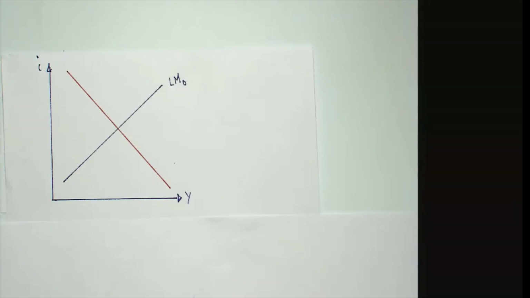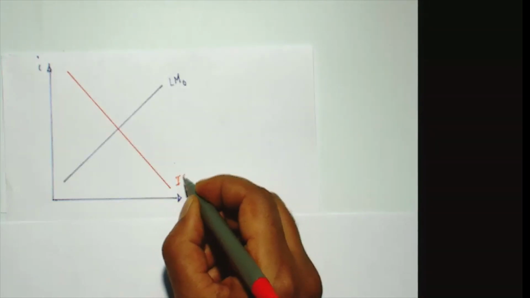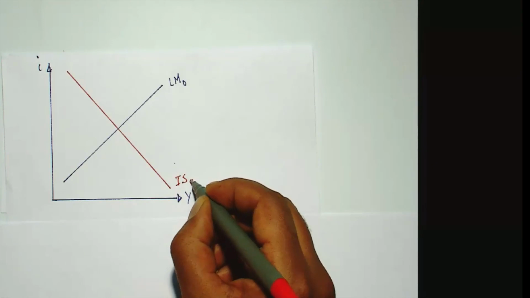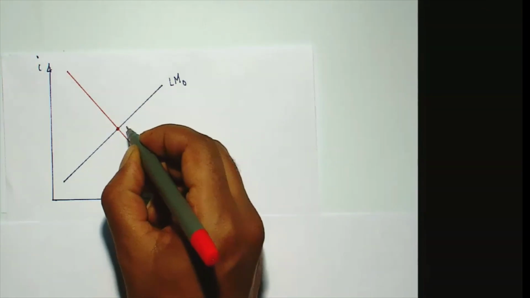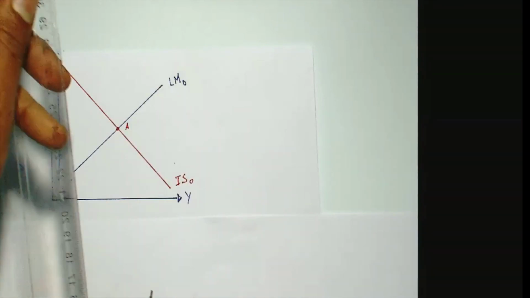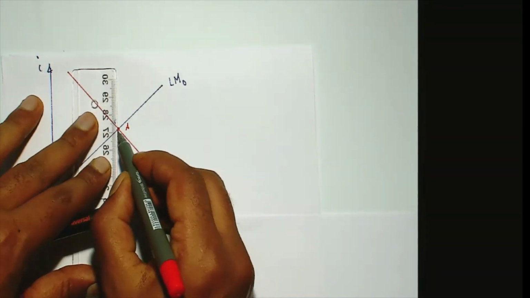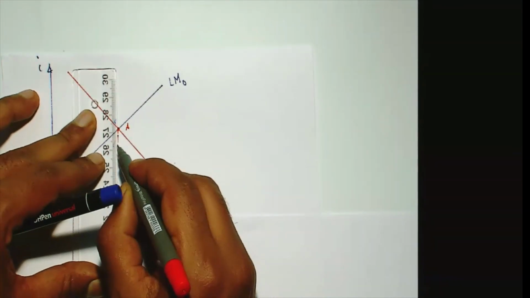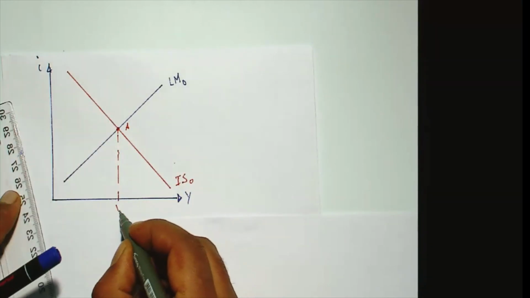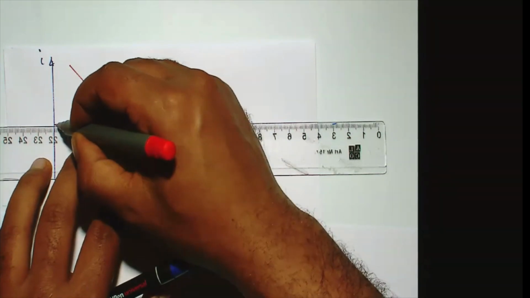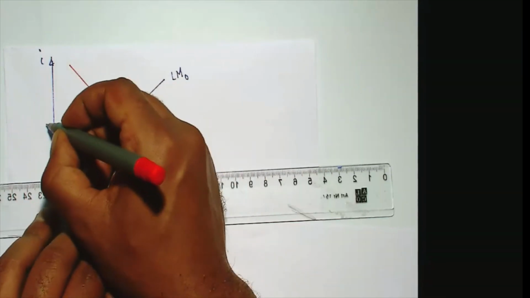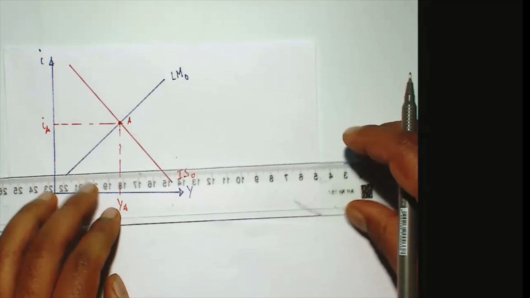As we have said, IS represents investment and saving. So investments, if they increase, would be reflected in the goods market. Initially, we had an equilibrium at A with a corresponding income level of YA and a corresponding interest rate of IA.